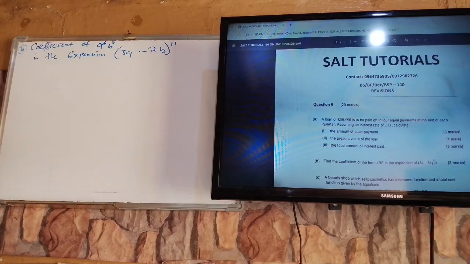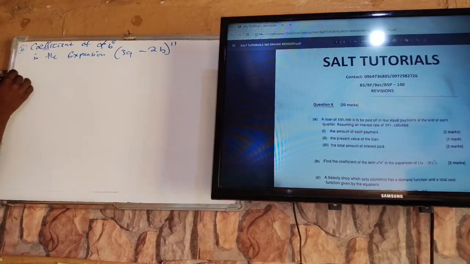Find the coefficient. Now the question comes in, what is a coefficient? A coefficient is basically a constant which is attached to a variable.